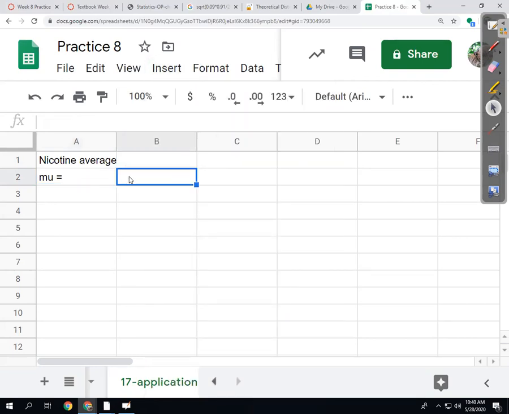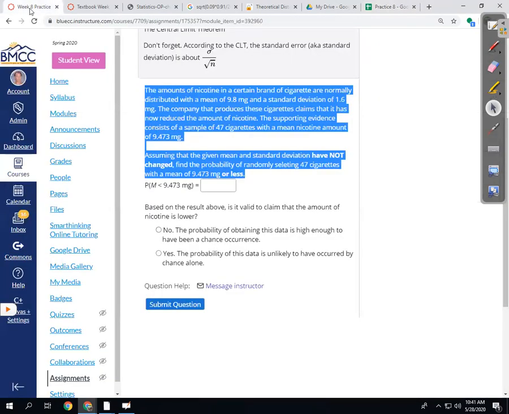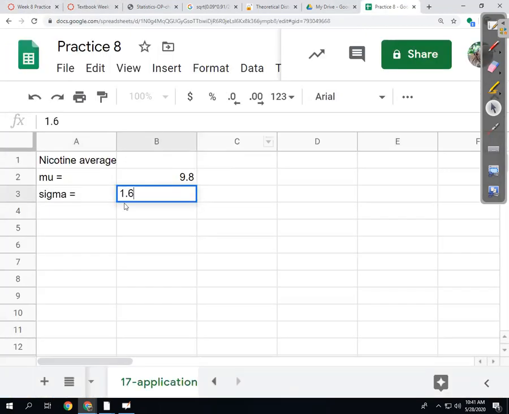You know what I mean. That was the 9.8. We have sigma from the population. That was what, 1.6? Yep. So that's the population stuff.